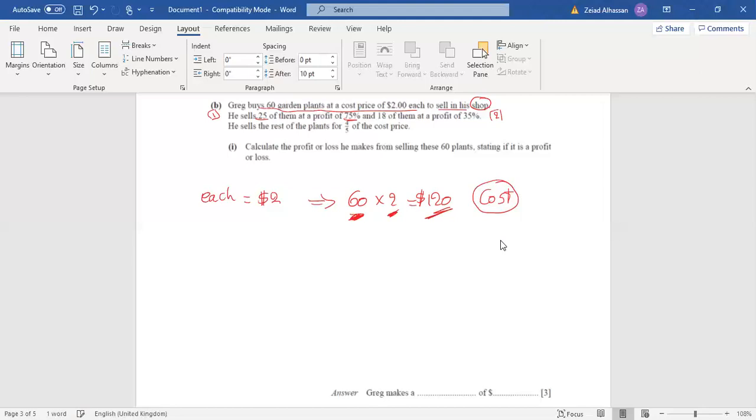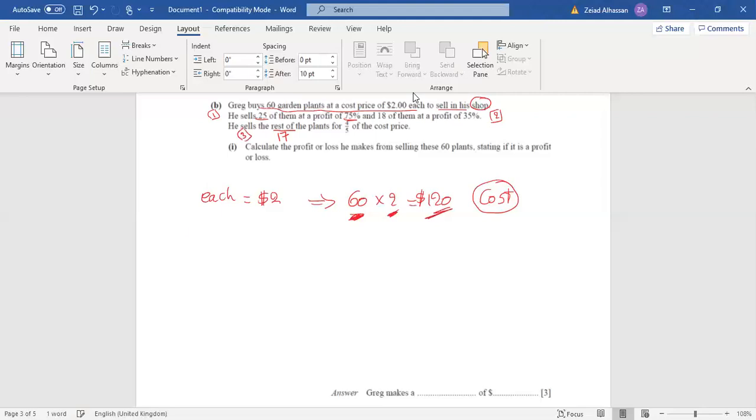We have to solve each one of them independently, and he sells the rest. Let's calculate the rest: 60 minus 25 minus 18 equals 17. The question didn't ask you to find the rest. That's stage number 3.